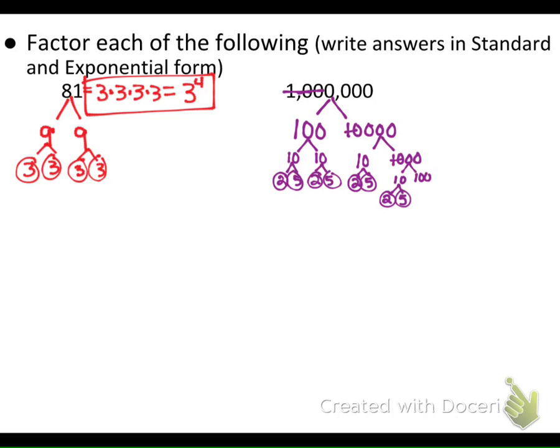It'd give me 125. 2 times 50 will get me 100. 4 times what will get me to 100? Think about a quarter. Yeah, 4 times 25. So let's do 2 and 50.